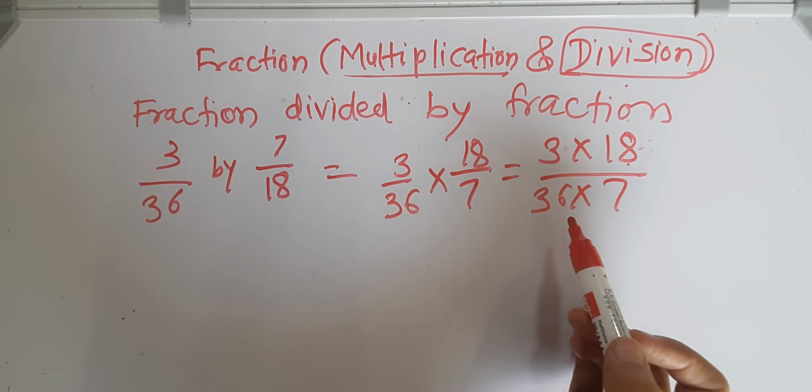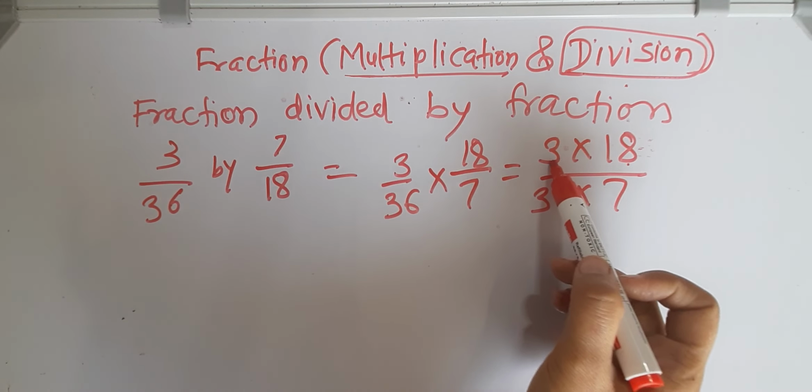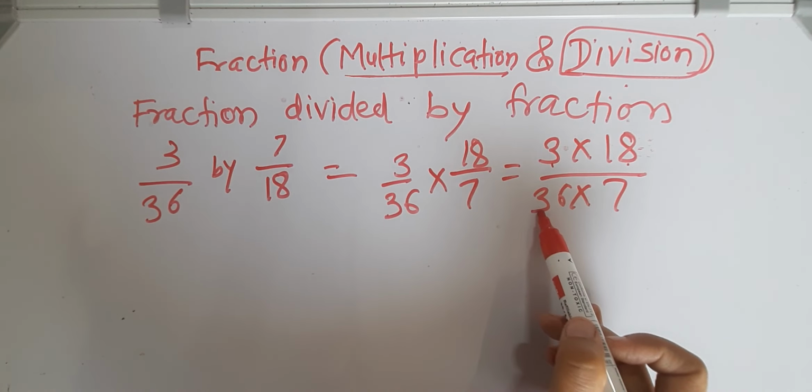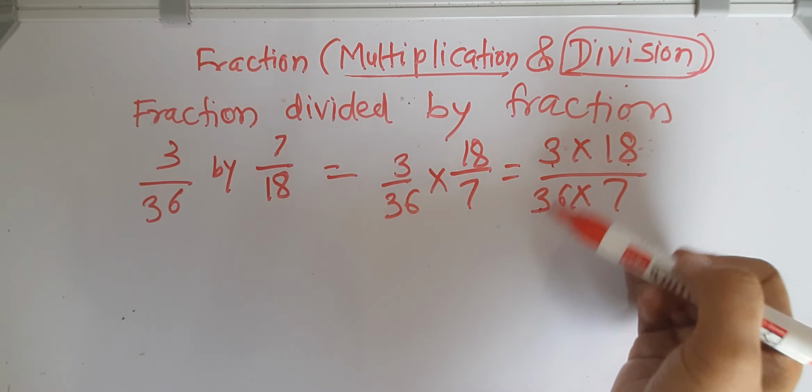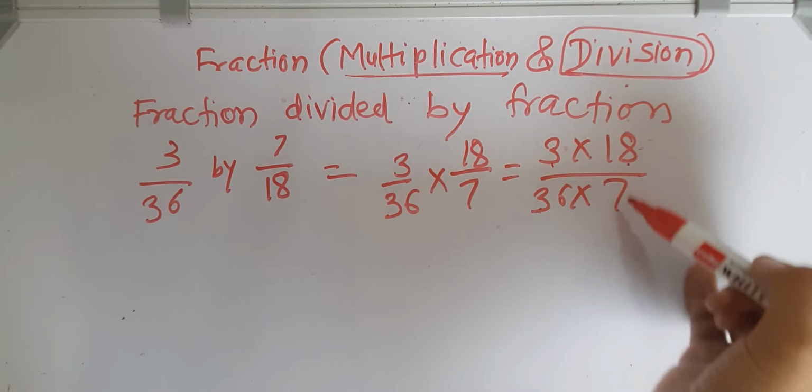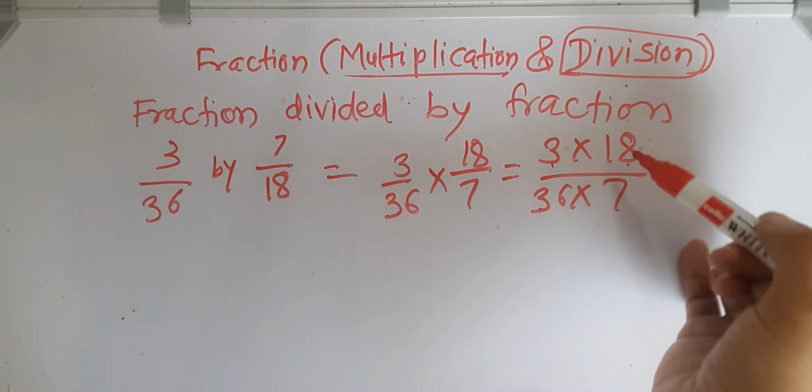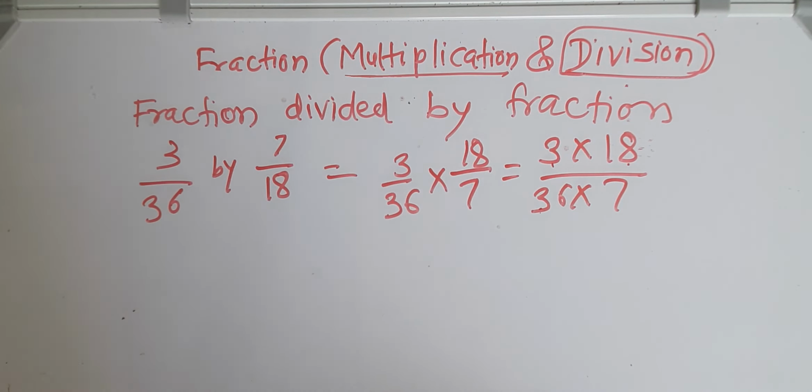That is one way I can do it. If not, I know 3 ones are 3, 3 twelves are 36. If they are in division, you can divide 3 by 36, 18 by 36. That should divide completely, and the numerators you can divide with denominators.